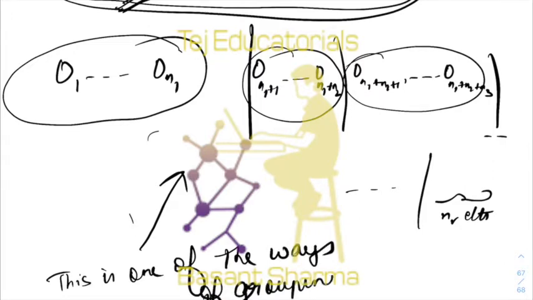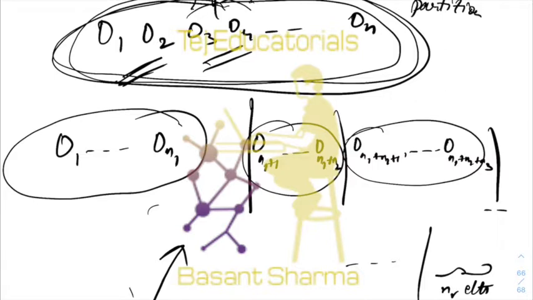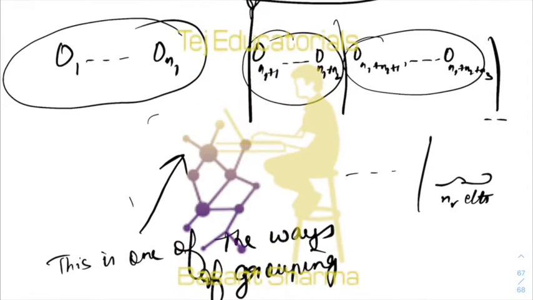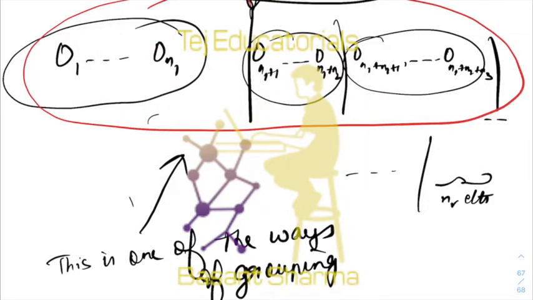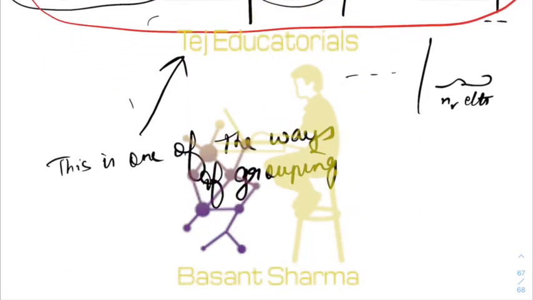Corresponding to this arrangement O1, O2, O3, O4, On, which is also one arrangement out of the n factorial arrangements, this is one grouping that we got, this one inside this red box. This is one of the ways of grouping.